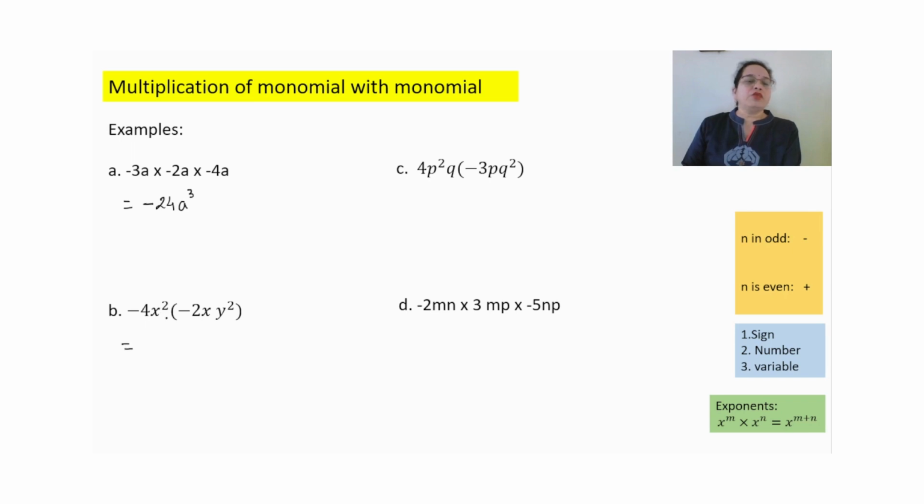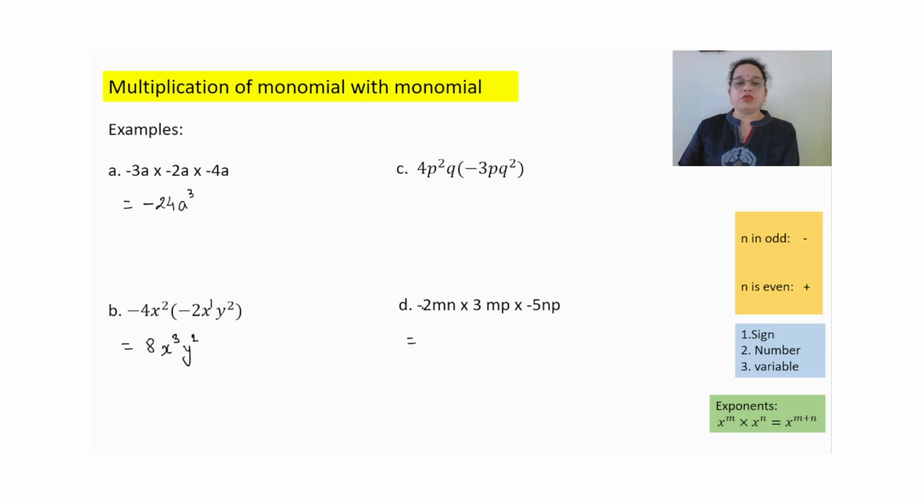Now here if no sign is there and a bracket is there, it means there is a multiplication. So total number of negative signs is 2. Answer will be positive. 4 2s are 8. X raised to the power 2 plus 1 will give you 3, and y raised to the power 2. Total number of negative signs is 3, so the answer will be positive.